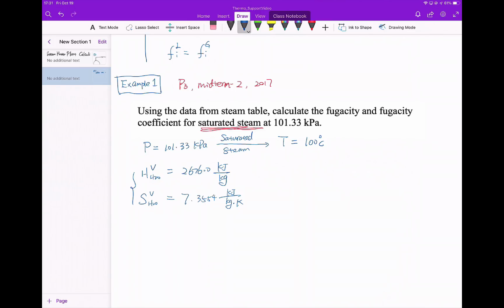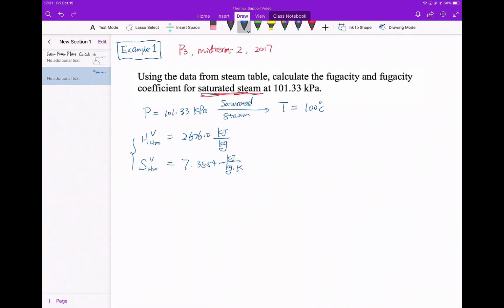So with that information, we want to start our calculation. The idea is this is the equilibrium. We are going to have a vapor, we have liquid. But I just need to calculate one for the fugacity because they are exactly the same. So if we stick with the vapor, then I'm going to use this equation.